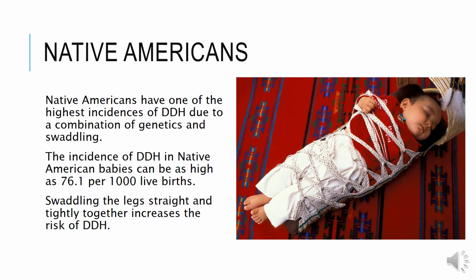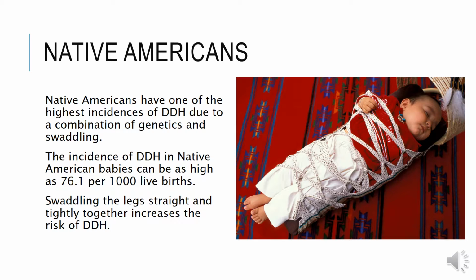On the higher end, Native Americans have one of the highest incidences of DDH due to a combination of genetics and swaddling. Swaddling is the number one environmental factor in regards to the development of DDH. Their incidence can be as high as 76.1 per 1,000 live births.